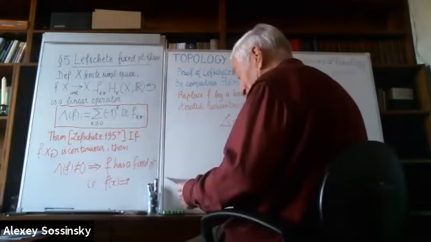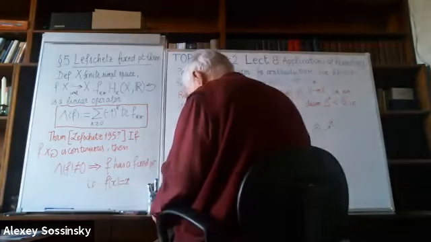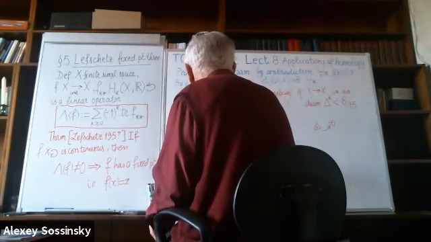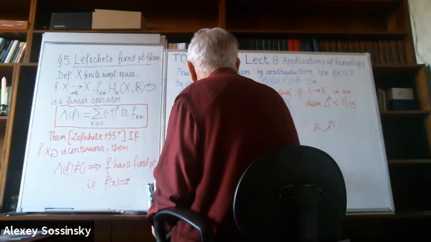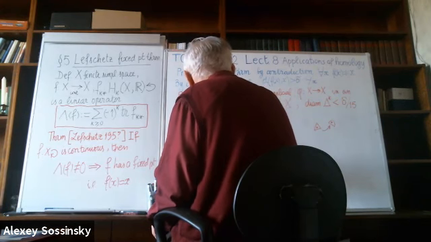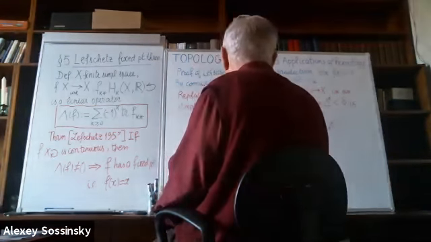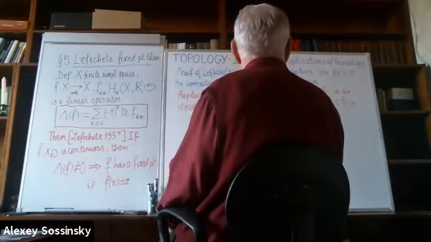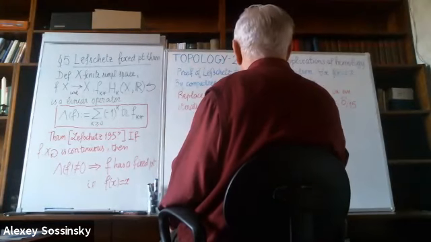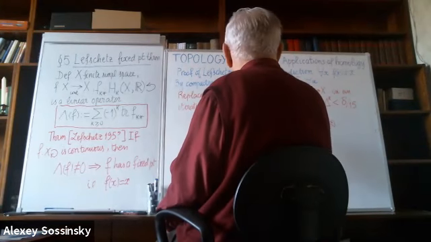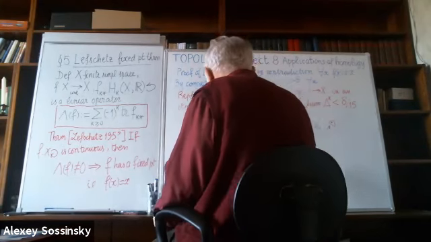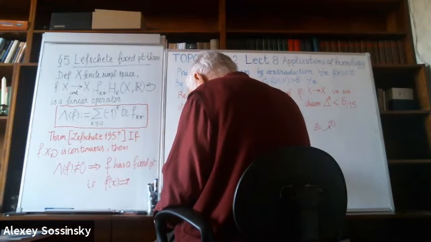And so now we can compute the trace of phi k, which is, of course, the same as the trace of f k, because they're homotopic.